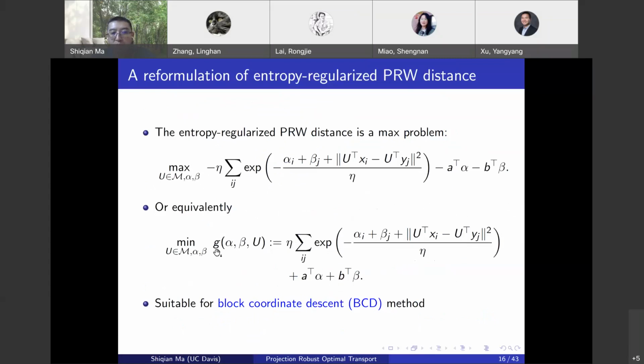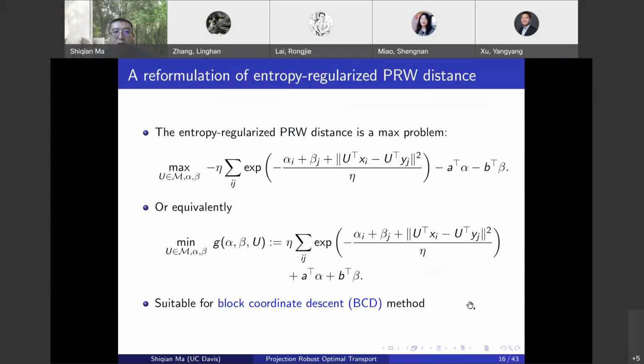We denote the objective function as g, with the 3 block variables alpha, beta, and u. This kind of problem is suitable for the BCD method.